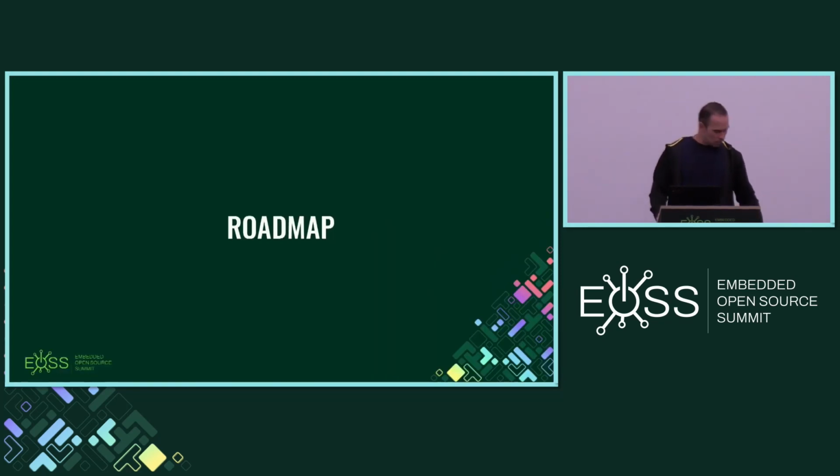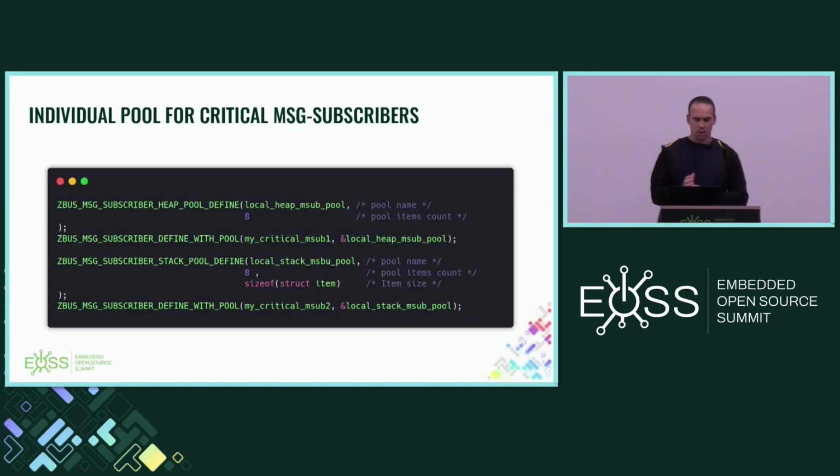And a little about the future. One of the things that I'm trying to do is to isolate some pool for a critical part of the system. For example, you have a portion of threads that talk to each other that are more critical than other parts of the system, and you want to be sure that you always have a net buffer on the pool for that communication.